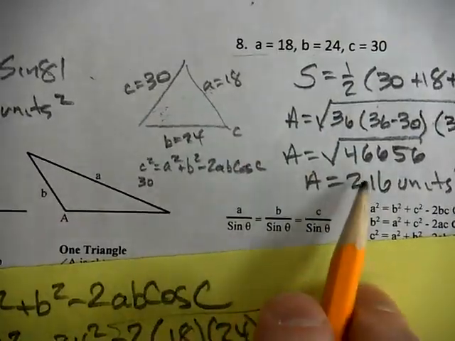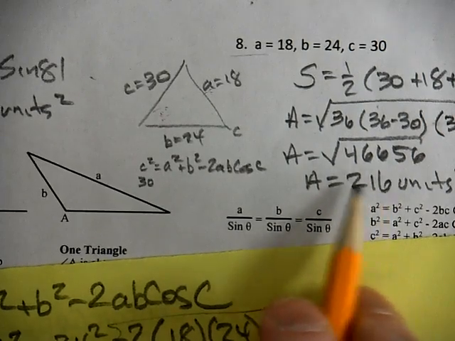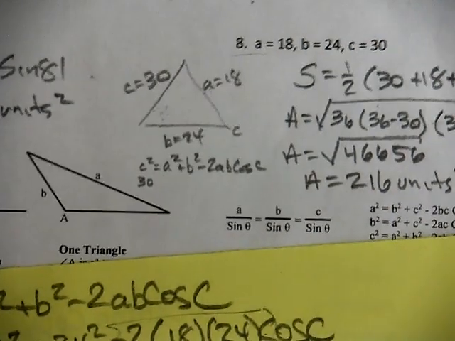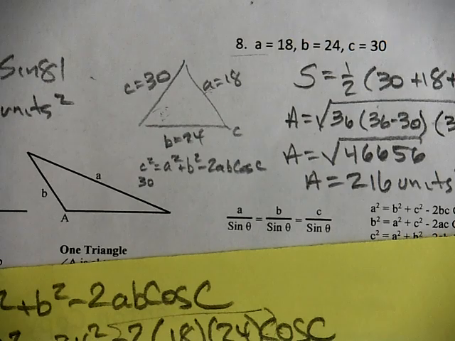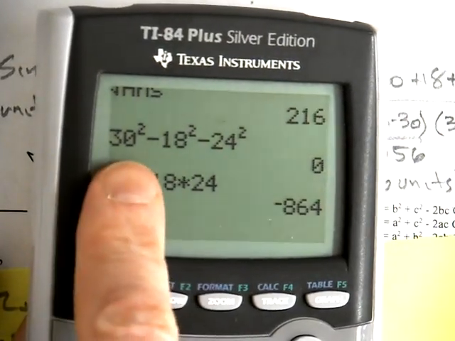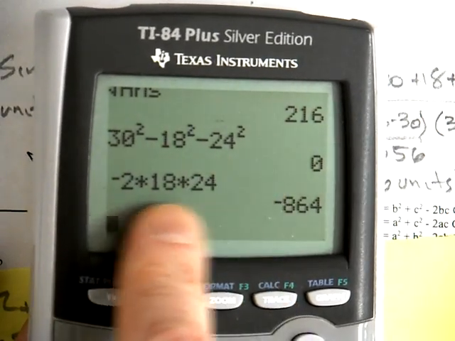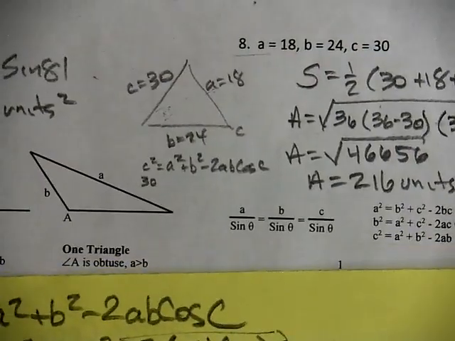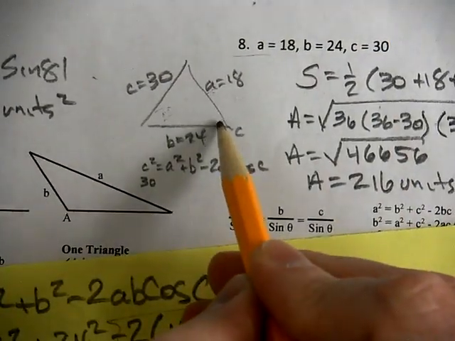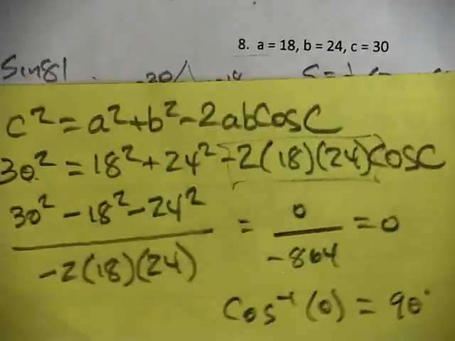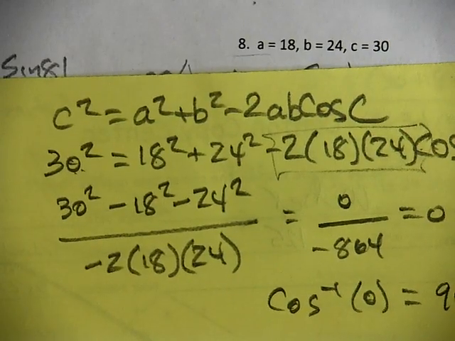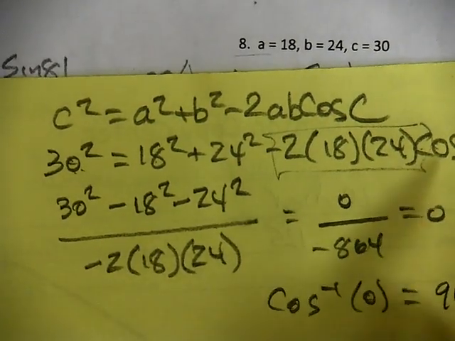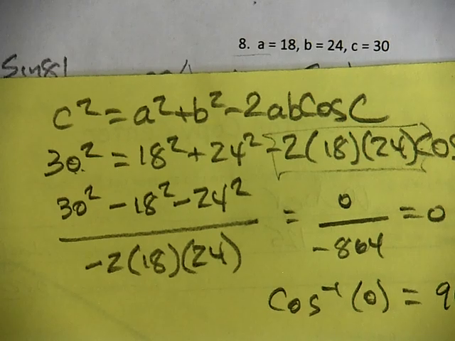So maybe we're not so surprised it came out such a perfect number. That helps support that. Okay, if this is a right triangle, we should be able to test the theory of a squared plus b squared equals c squared, and that's what the 0 showed us. And that is. So anyway, this would be a 90-degree angle. I showed you how to use law of cosines. We solved for the angle. That's the trickier part to do.